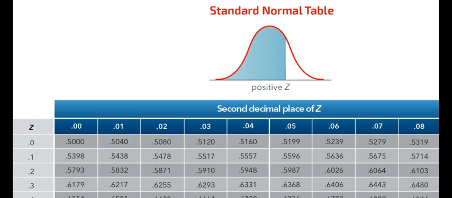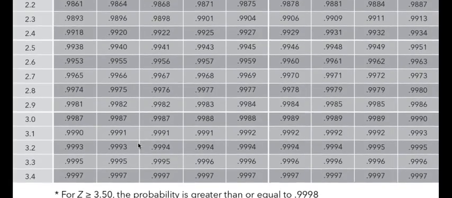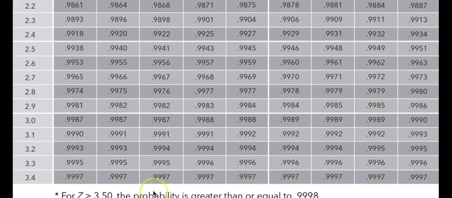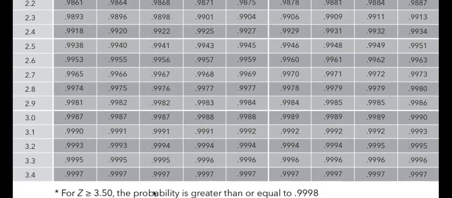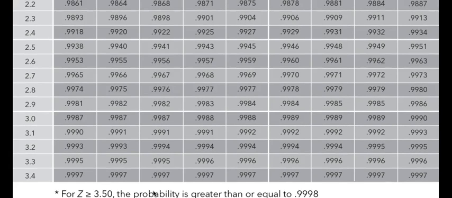All right, so here's the standard normal table, okay? So we're going to go all the way to the bottom, right? And where it says here, z greater than 3.50, the probability is greater than or equal to 0.9998. So we're looking for the probability to the right of this.